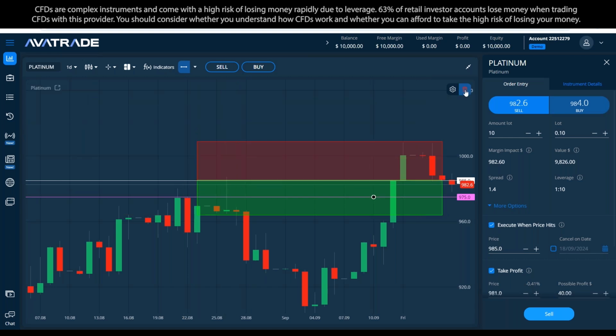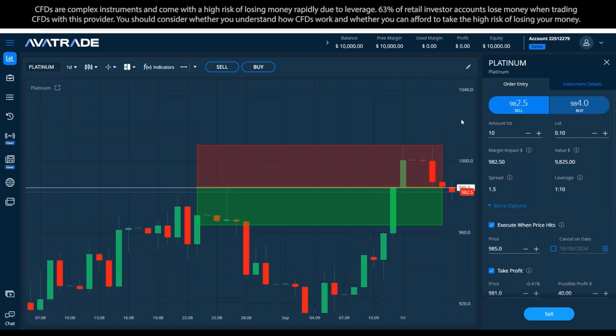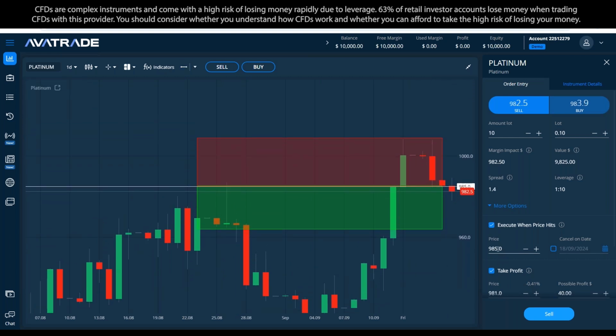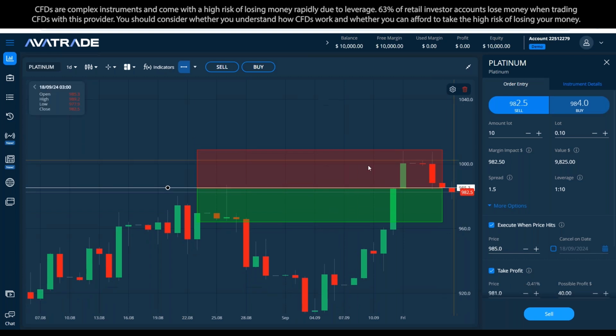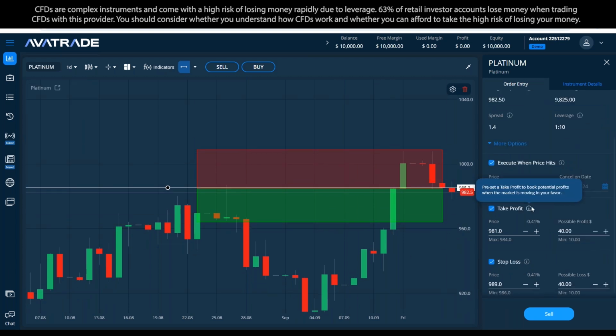Now, from our entry, as we can see, 985 is where we are aiming to enter the position. We can see that this is a certain area that might be viable for us to place the take profit. Remember, take profit closes the position automatically with the profit, stop loss closes it with the loss.